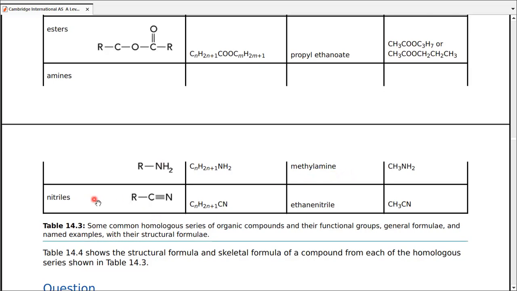Okay. Nitriles, C triple bond N, and there is an R group before. So it is going to work in the same way. But this time, just like carboxylic acids, carbon is also a part of the functional group, so that carbon has to be counted.